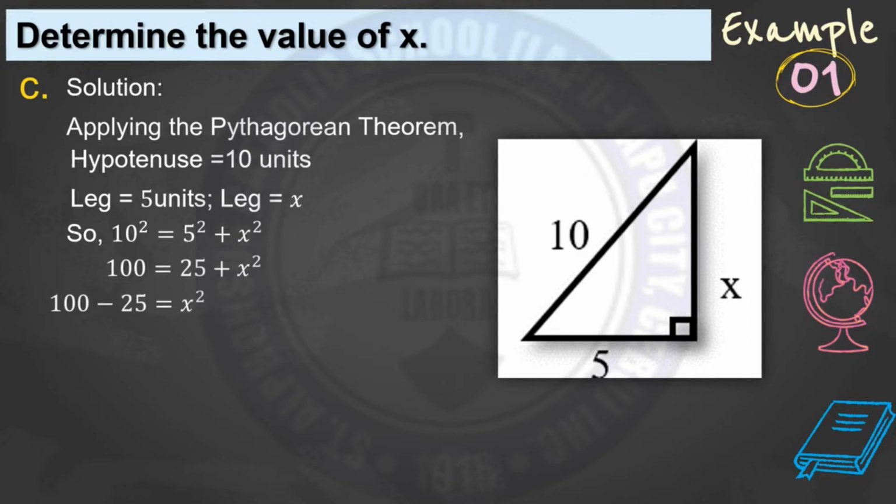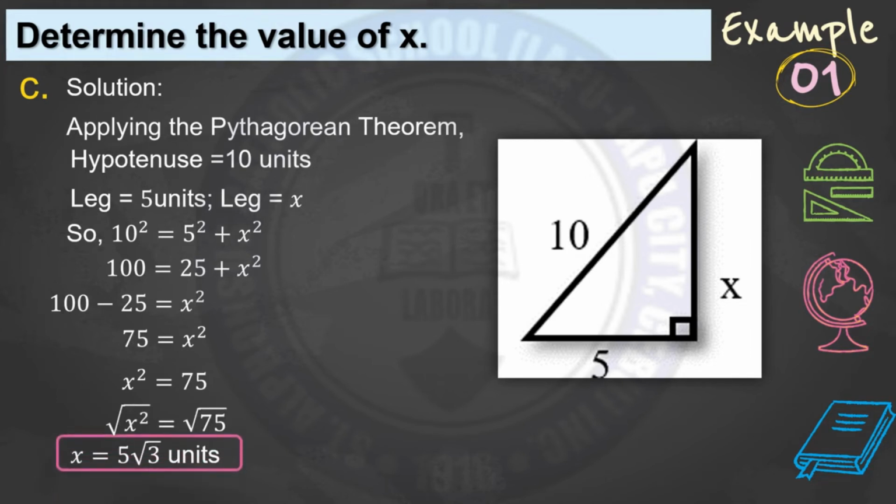Transposing 25 to the other side of the equation, that would be 100 minus 25, and that is 75. By symmetric property of equality, x squared is equal to 75. Extracting square roots on both sides, x equals 5 square root of 3 units.